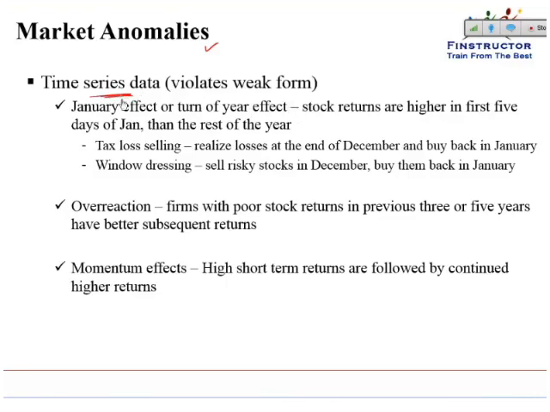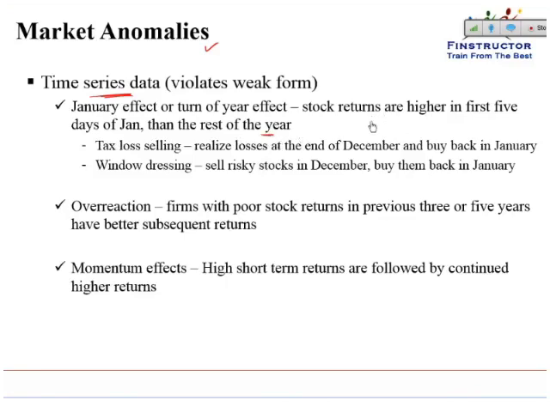That is, there are certain trends that do persist, and trading based on these trends can actually generate excess return. The first such trend that we have noticed is called the January effect, or turn of the year effect, which says that stock returns are higher in the first 5 days of January than in the rest of the year.